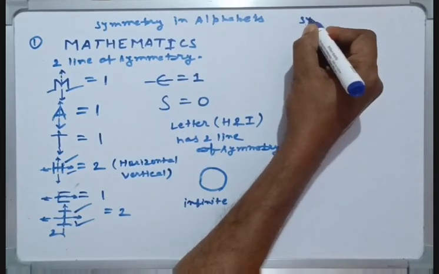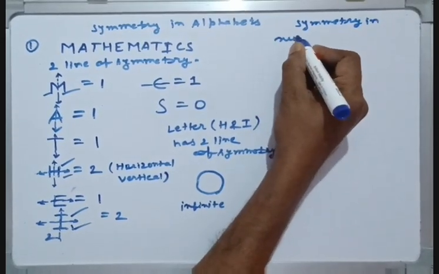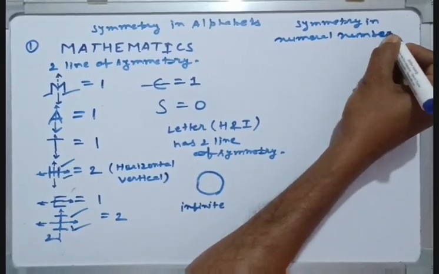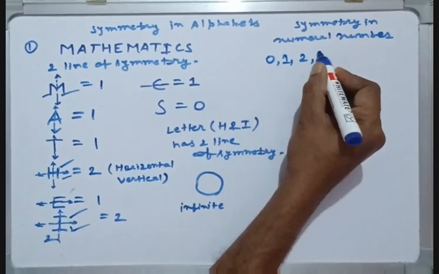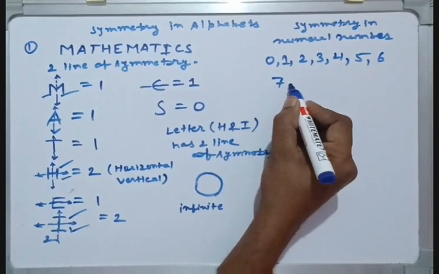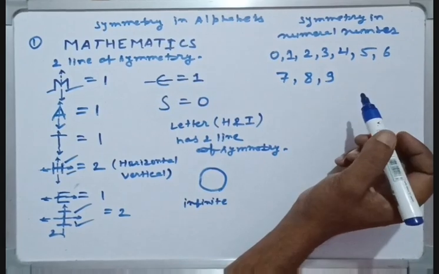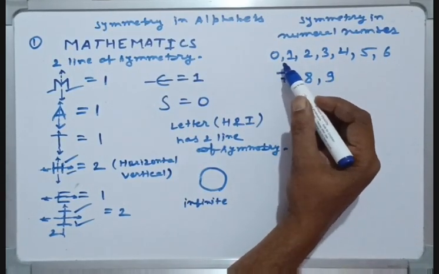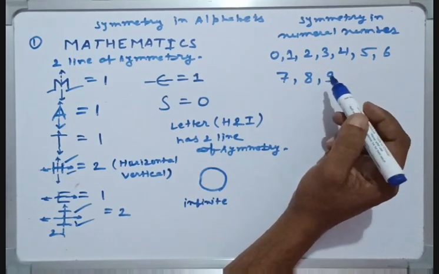Now we discuss symmetry in numeral numbers. So see 0, 1, 2, 3, 4, 5, 6, 7, 8, 9. How many symmetrical lines exist in these numerals, or you can say single digits?